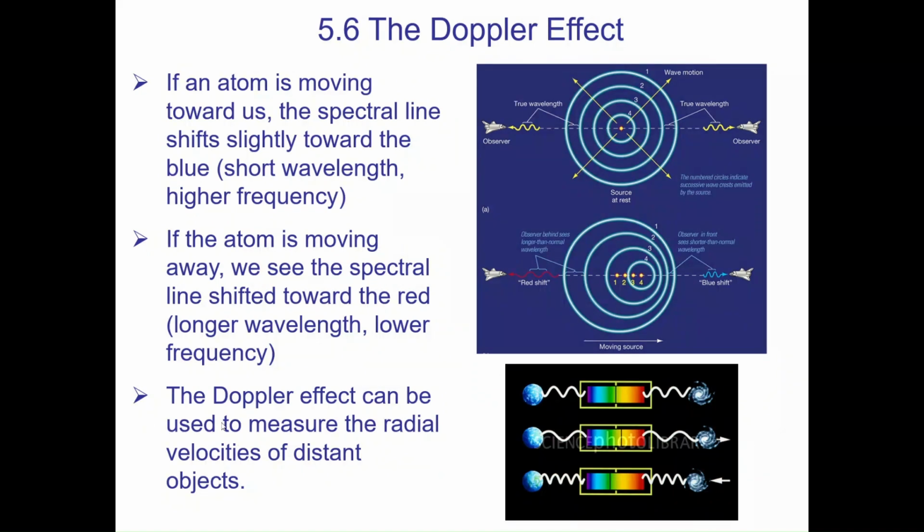So the Doppler effect can be used to measure the velocities of distant objects. For example, from the Earth, we can observe how fast a galaxy is moving away or towards us.